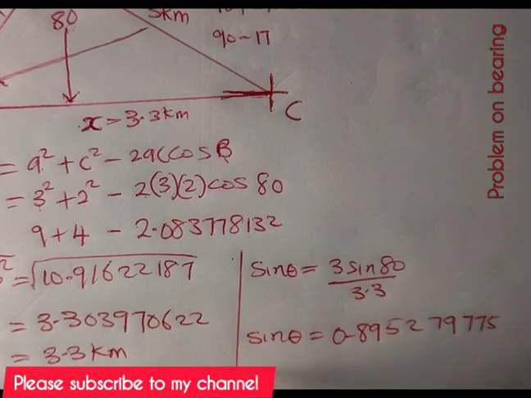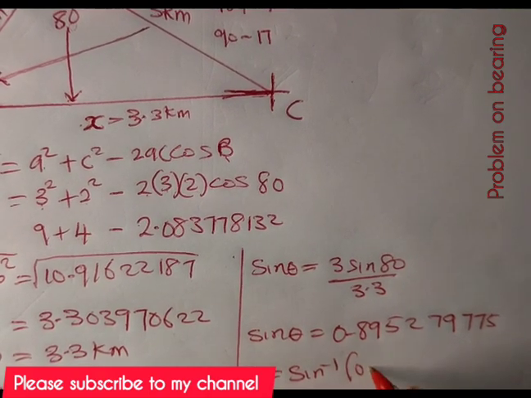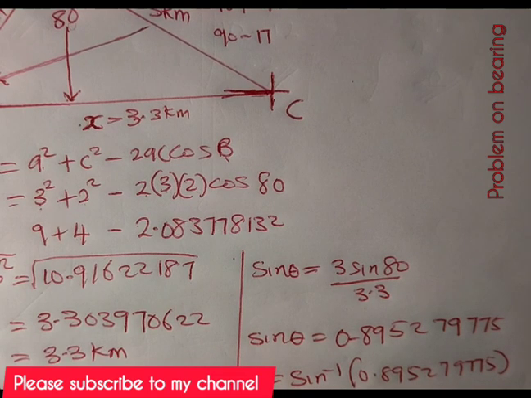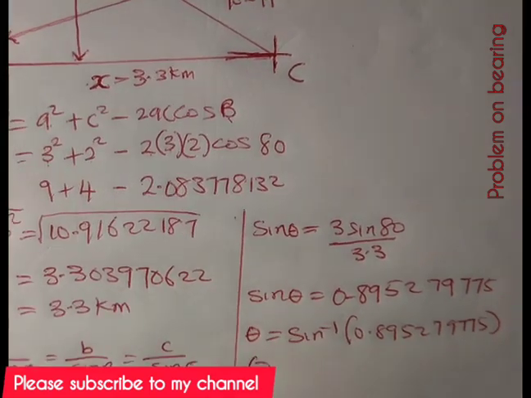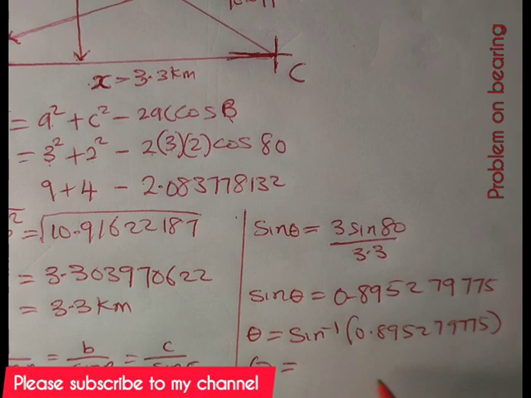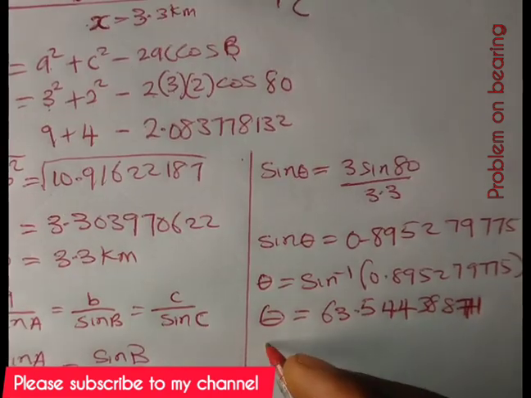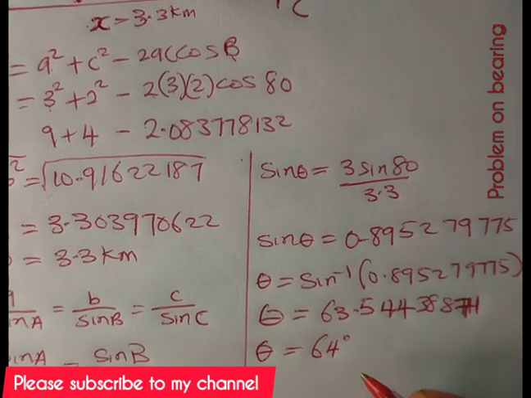Now to get theta from here, theta is gotten by taking the sine inverse of this value. You press your calculator, shift sine, and then press the value. I will have my theta equal to 63 point something. So we can approximate it to the nearest degree. I will have 64 degrees.